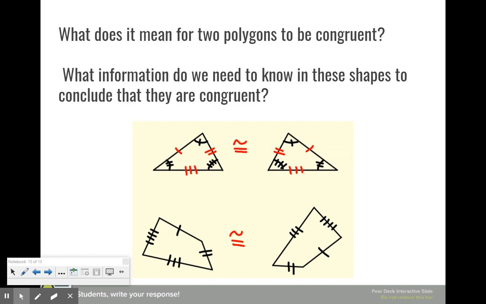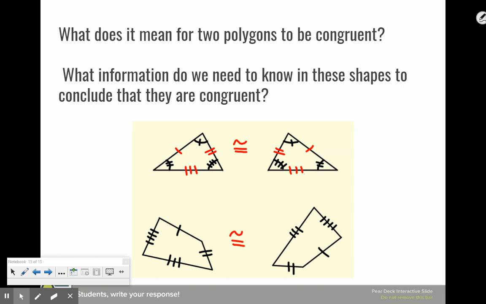We're going to focus the majority on triangles today, congruent triangles. And if you remember what I just said a few minutes ago, these two sections are called congruence shortcuts. That means I could need less information to determine if these two triangles are congruent.